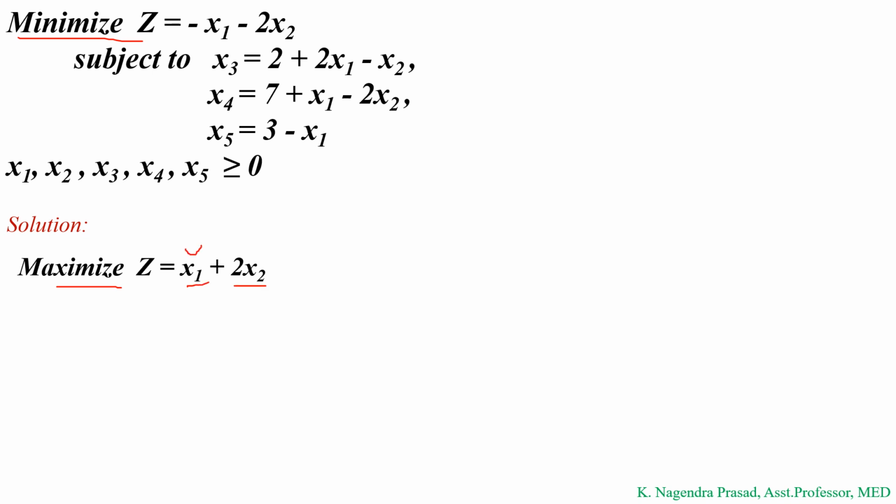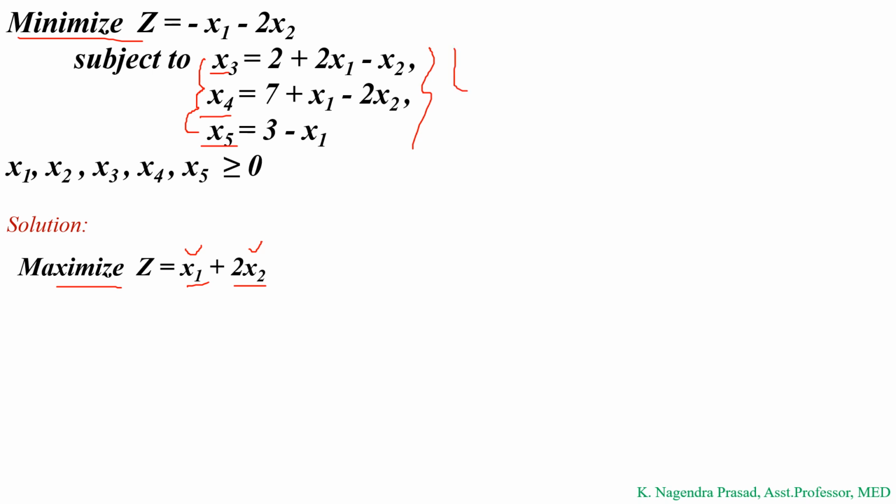Here x1 and x2 are the basic variables. Next, observe the constraints, which consist of x3, x4 and x5. These x3, x4 and x5 are the slack variables.